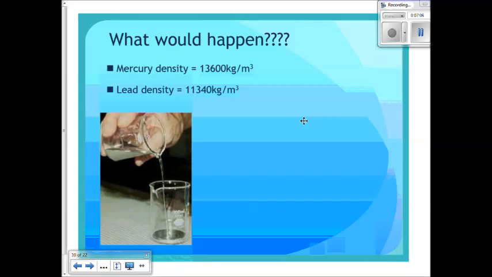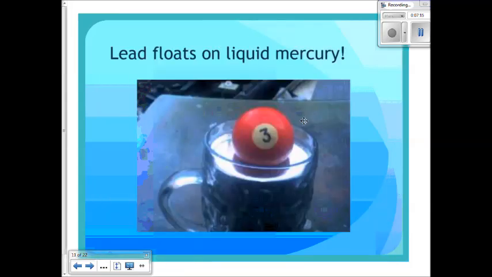That would be correct, because mercury, our only liquid metal, is more dense based off of those values, and you'd see the lead in the ball here, sitting on top of the silvery liquid. And lead's pretty dense. Very, very dense.